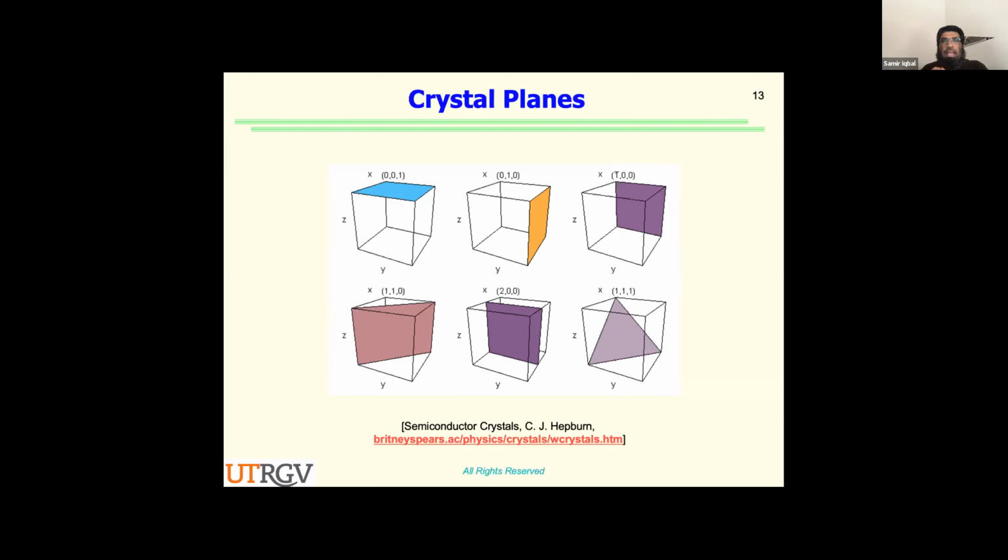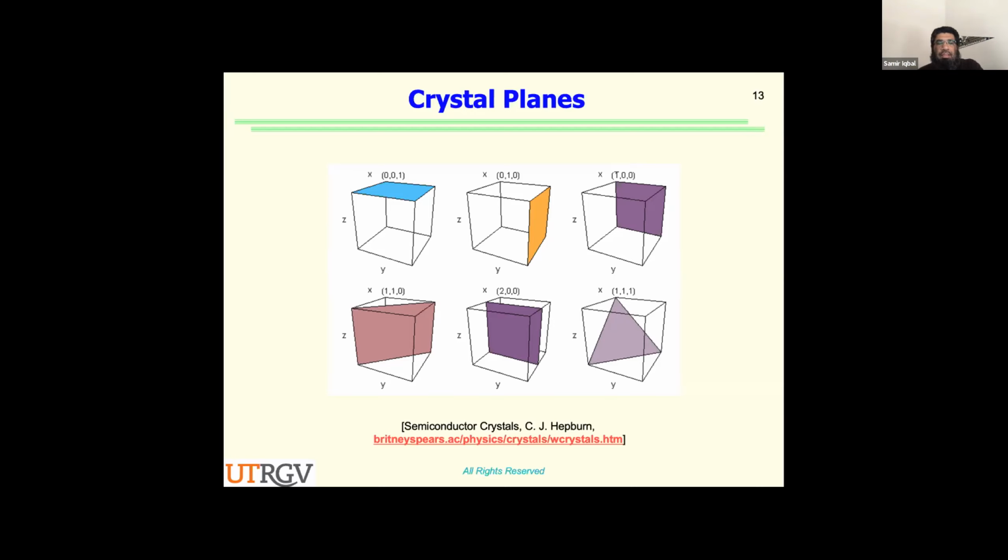We may be looking at an intersection cutting the cube in half diagonally or maybe vertically, or we may be looking at something that makes a triangle with 3 corners. All of them have their own Miller indices, and these are written here.